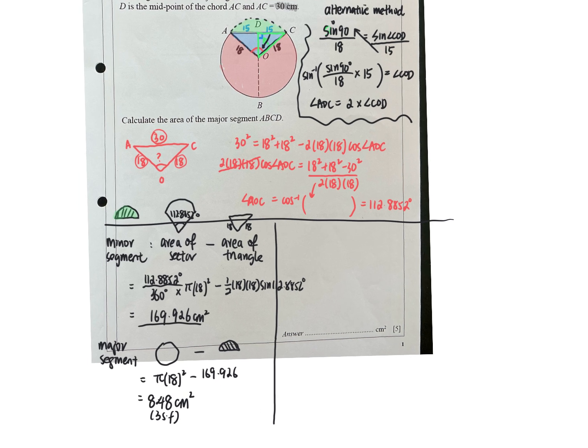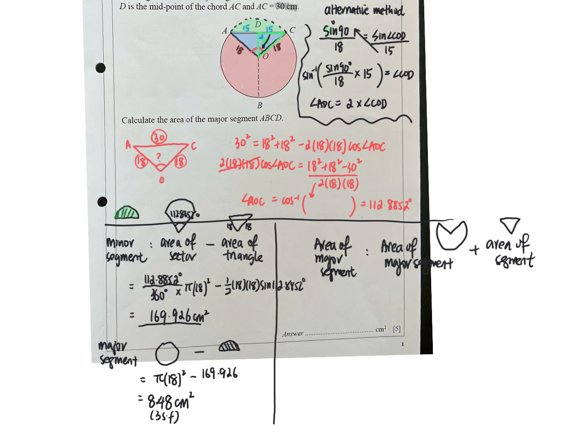Another group of you did the area of triangle. Okay, so you need to add the major piece, which is the red one, to the triangle. So for the major piece, remember, you cannot use the angle already. You must use this angle.